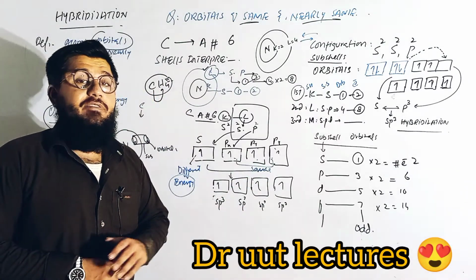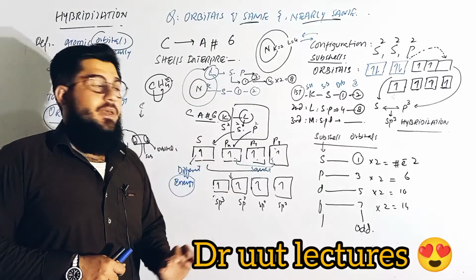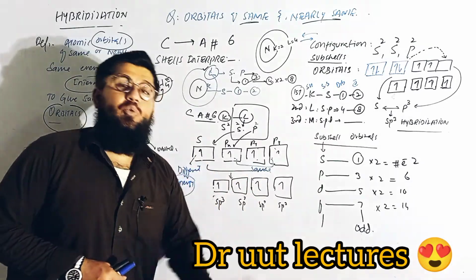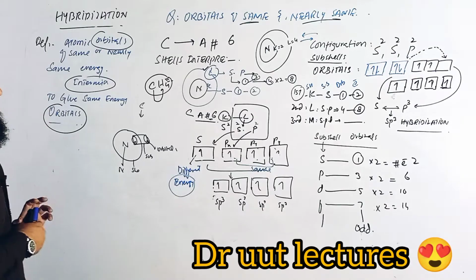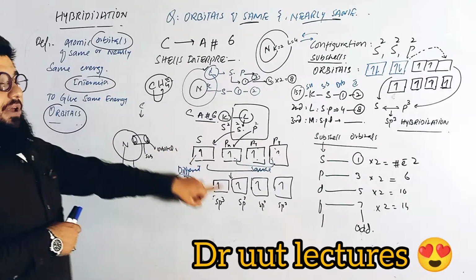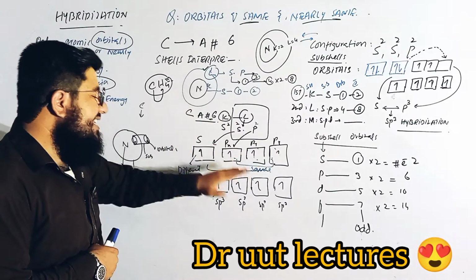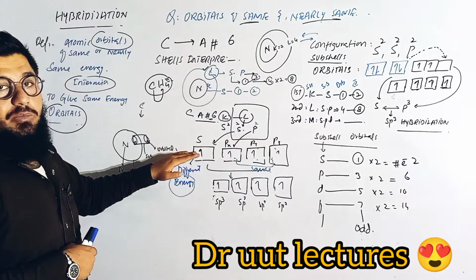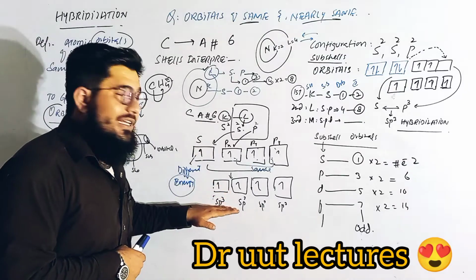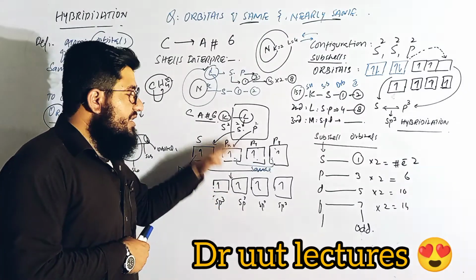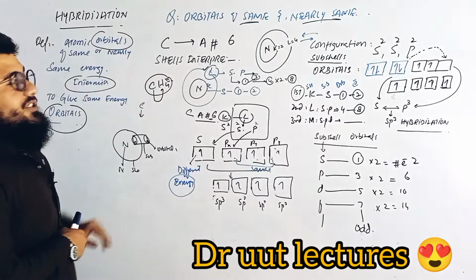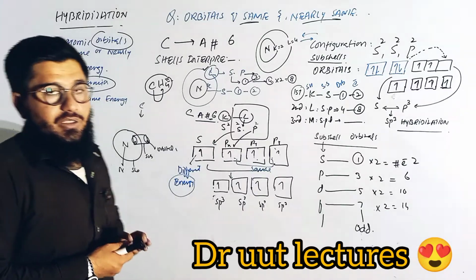They will behave in the same manner, meaning all are now equal in energy. This phenomenon, in which same energy orbitals intermix with a nearly same energy orbital to form orbitals of the same energy, is known as hybridization.